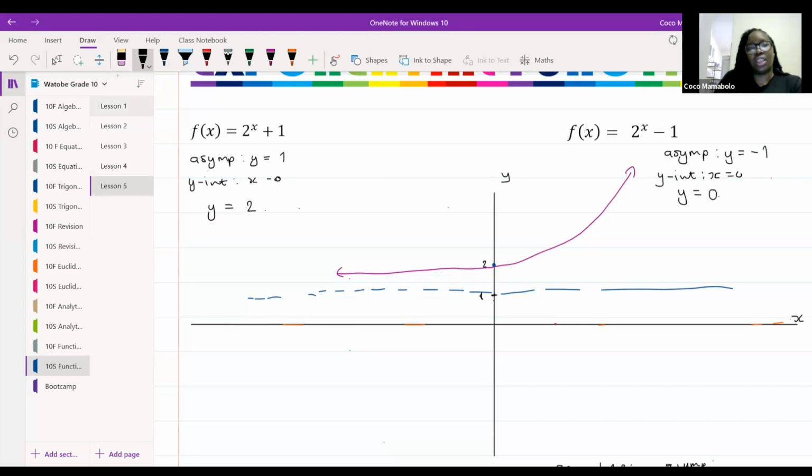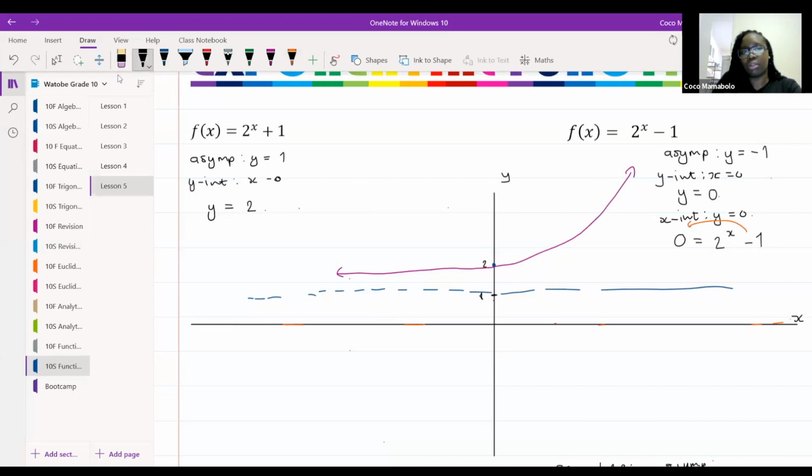And then I solved for the x-intercept. You said we should solve for it. Well, in this case, if you solve for the x-intercept, your answer is just going to be 2 to the power of 0, or x is equal to 0. I wanted to ask if that's correct. It is correct, because you're going to get 0 is equal to 2 to the power of x minus 1. If we move the minus 1 over, what do I get?